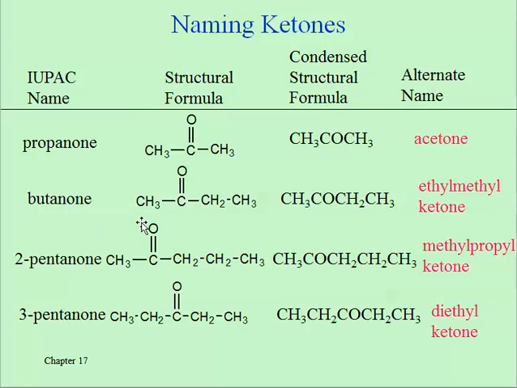You can see why butanone might be called ethyl methyl ketone, because there is a methyl group on one side of the carbonyl, ethyl on the other. That is sometimes used. With these systematic names, we need numbers once we get past 5 carbons or more. So 2-pentanone is distinguished from 3-pentanone by the location of that carbonyl carbon.